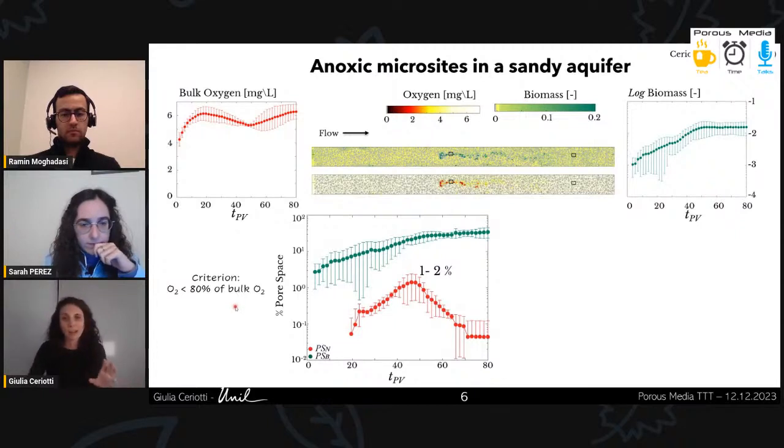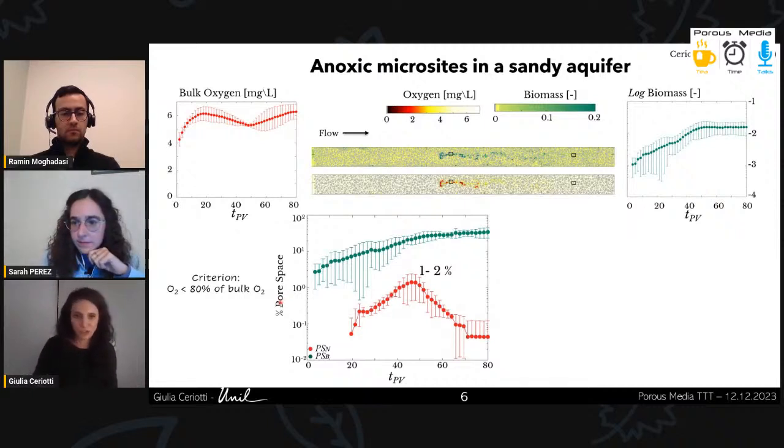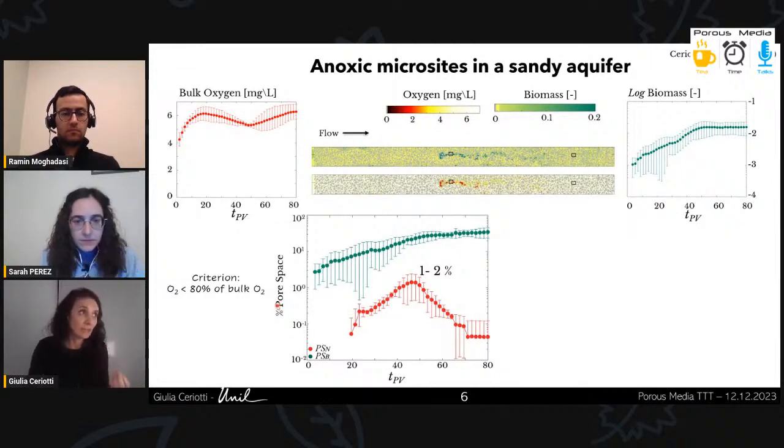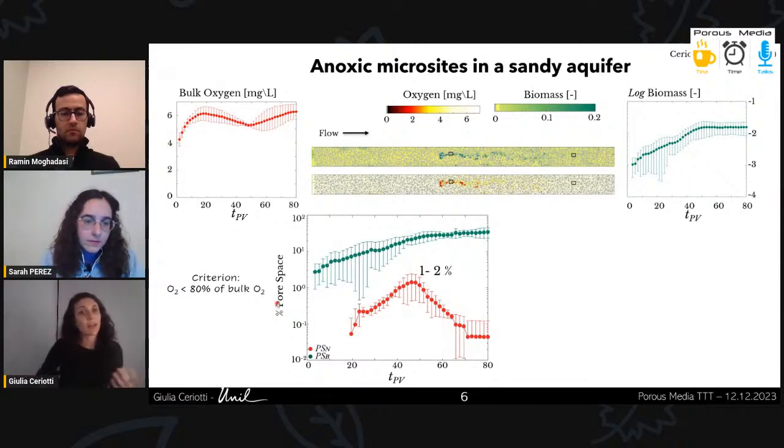For people who are familiar with the concept of anoxia in the environment, this is clearly not an anoxic threshold. We are still in oxic conditions, but the idea is that we want to identify points that were characterized by a significantly lower oxygen concentration compared to the bulk, which can potentially trigger some anaerobic processes.